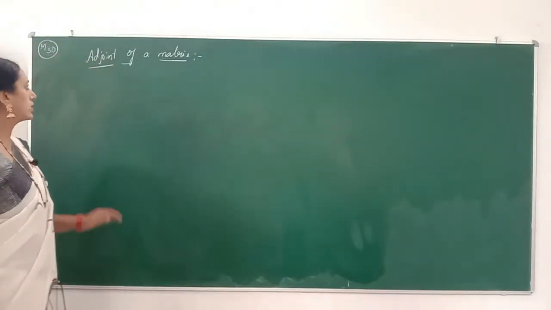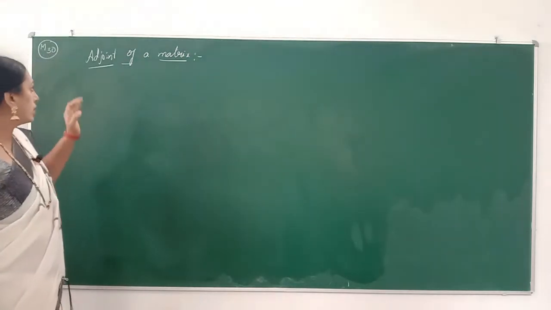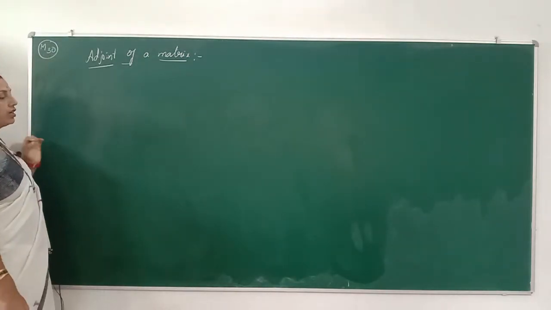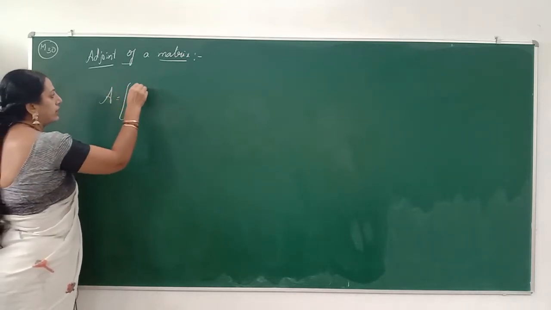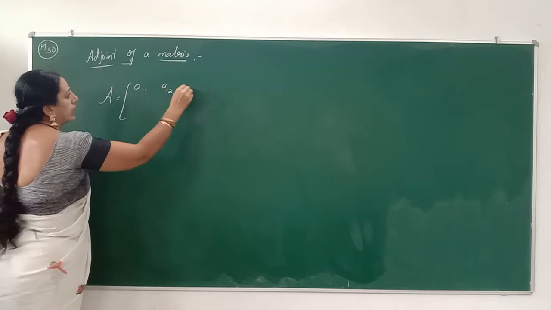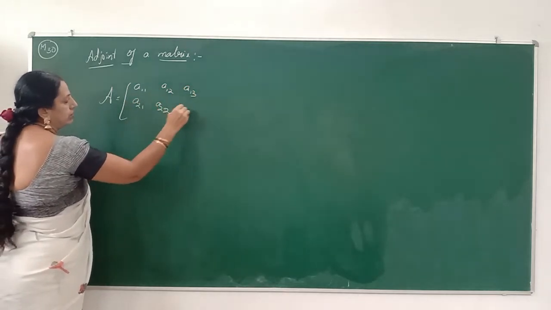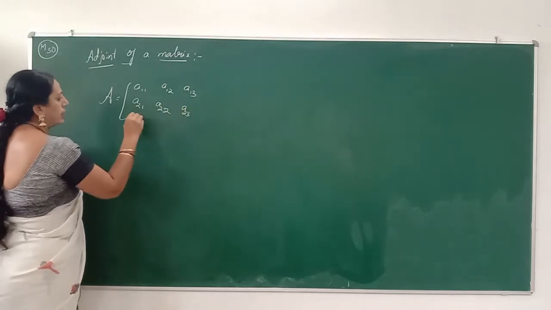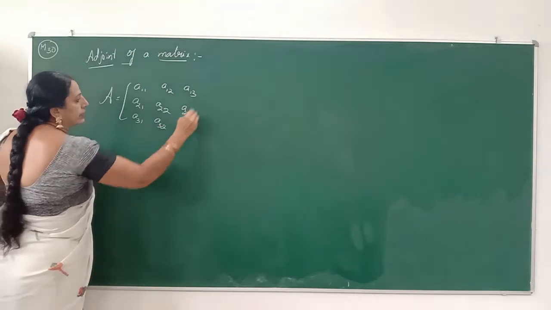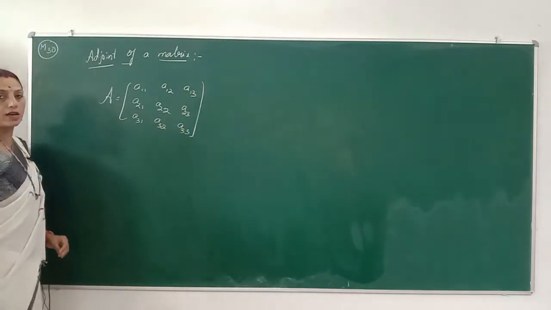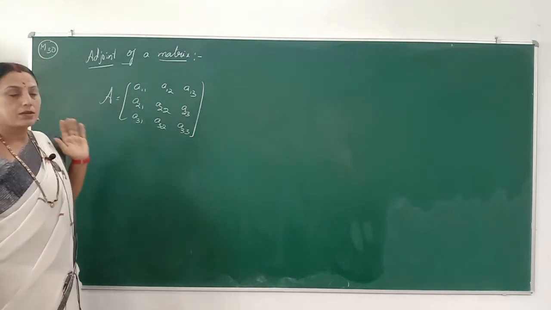So next we'll discuss the adjoint of a matrix. What is the definition or meaning of adjoint? Let A be the matrix with elements a11, a12, a13, a21, a22, a23, a31, a32, a33. These are the elements of a square matrix, otherwise a 3x3 matrix.